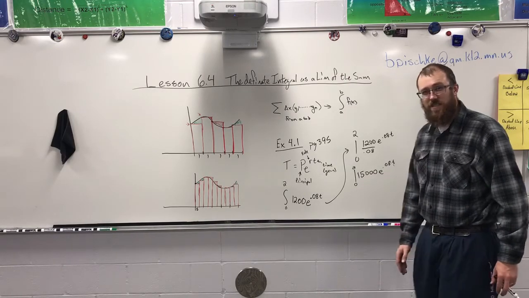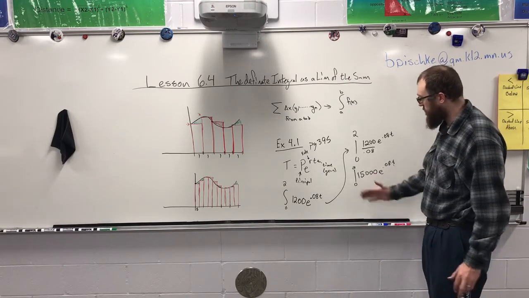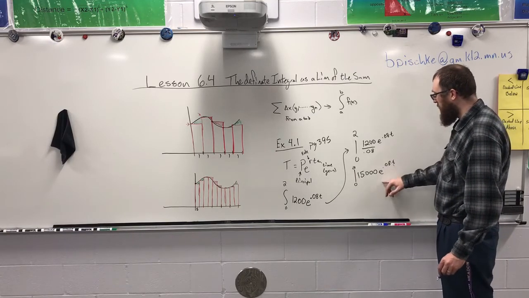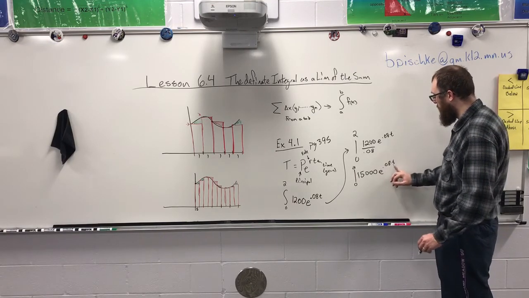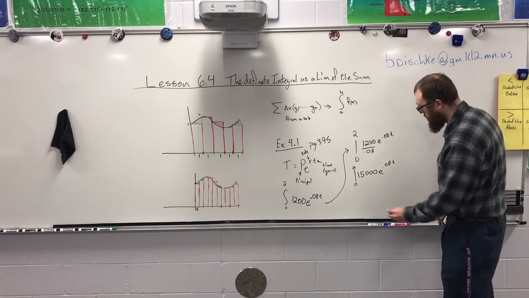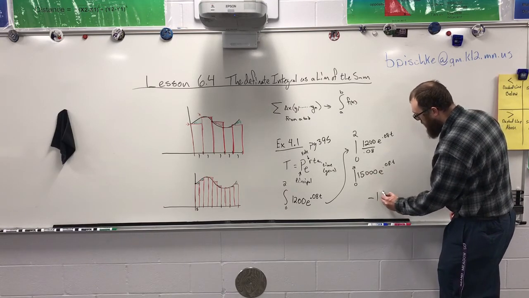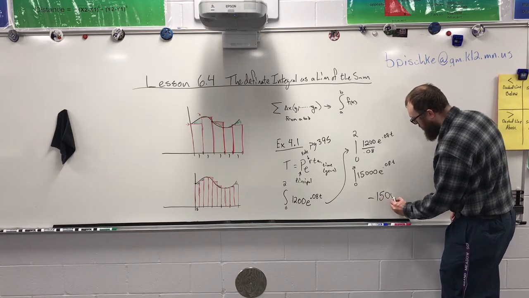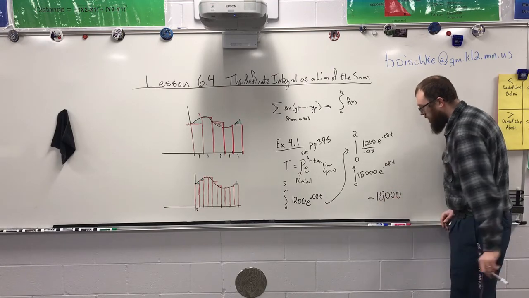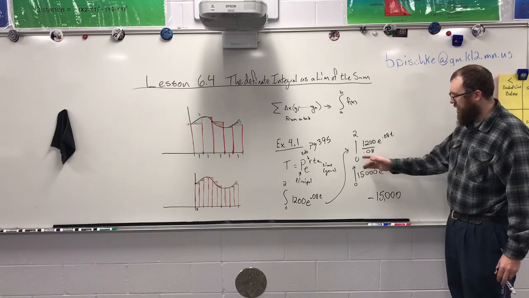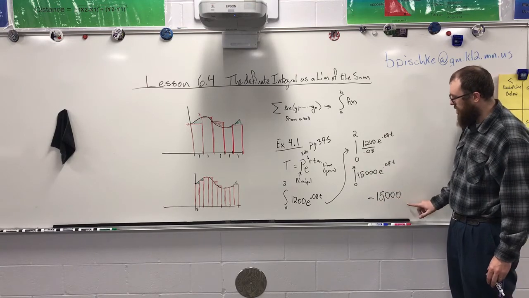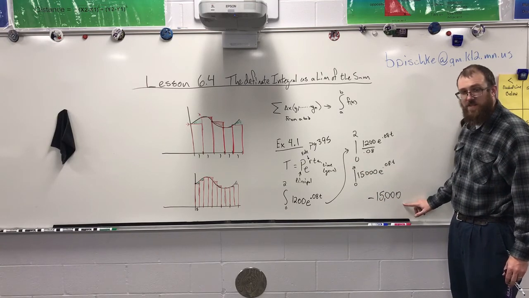We're not doing just a standard integral, so 0 is going to give me a value. And in this case, when I do anything to the 0 power, I get 1, and then 1 times that 15,000 becomes 15,000. So I'm going to take what I get when I plug in 2, and I'm going to subtract what I get when I plug in 0, which is 15,000.